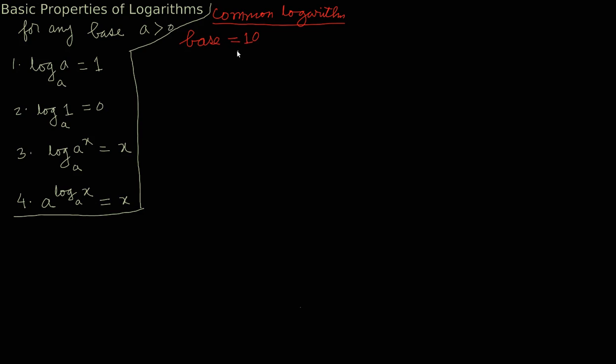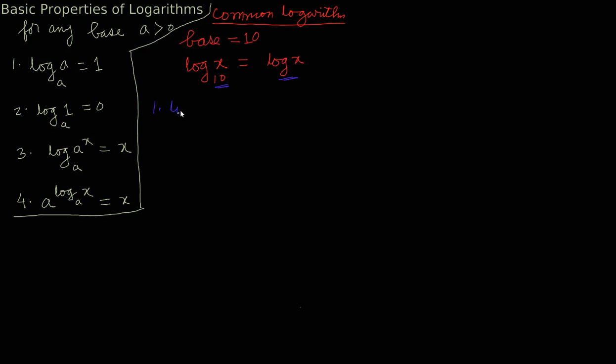The reason is that in our professional life or normal life, we encounter a lot of logarithms with base 10. So the logarithm of x base 10 is simply expressed as log x. If you find that the base is not mentioned, then you need to assume that the base is automatically 10. Now let's look at the four properties.